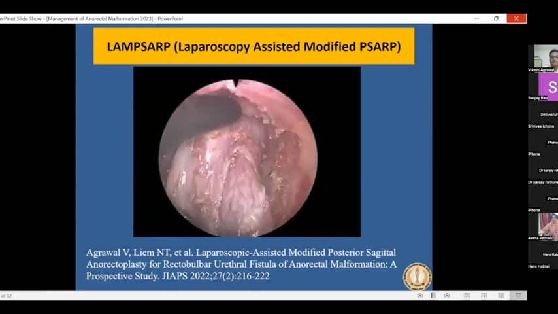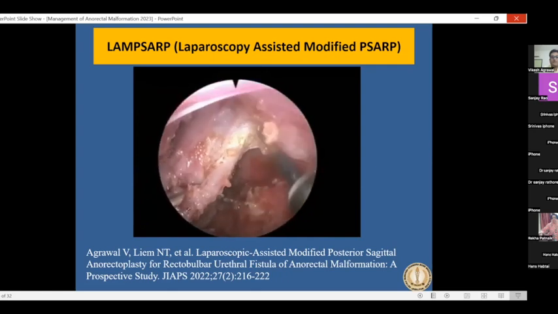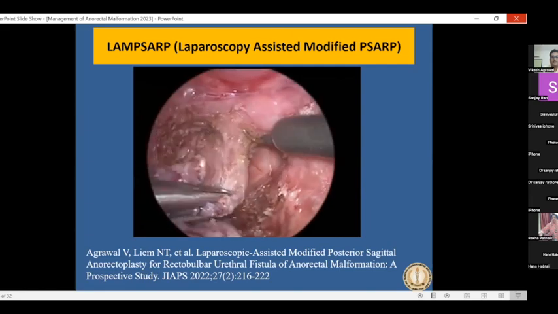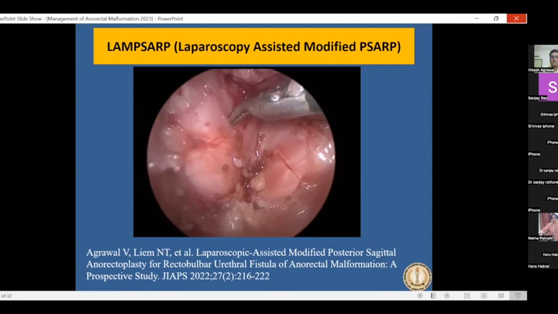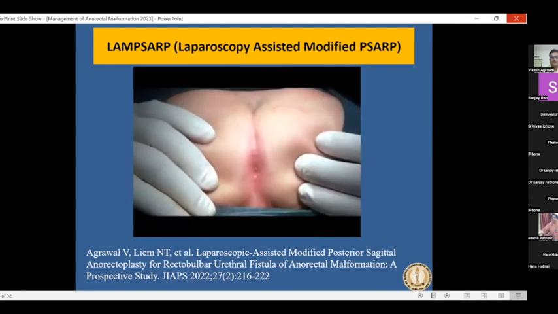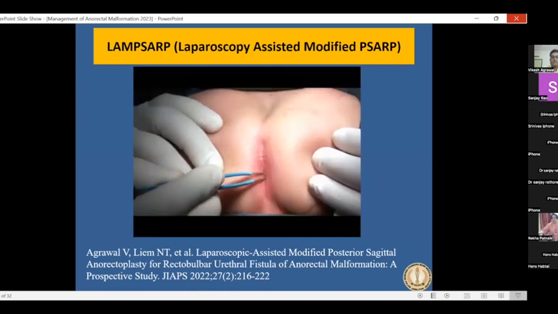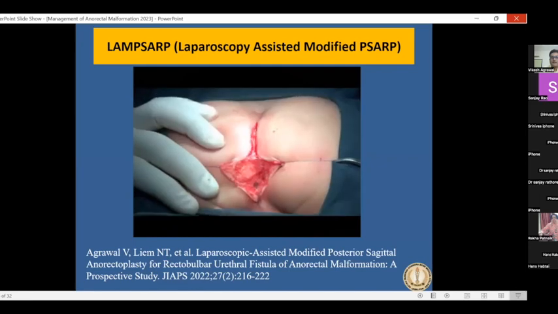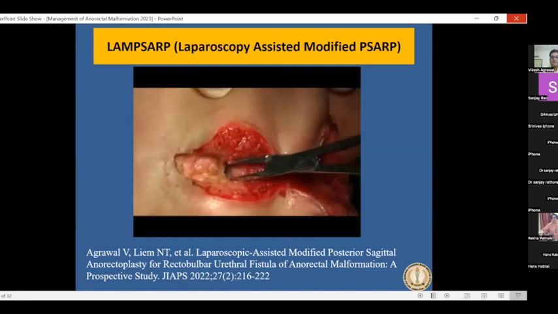You can see the rectum is mobilized just up to the level of the seminal vesicles, and the whole pelvic portion of the rectum is mobilized. This is the identification of the levator. Now we switch over, change the position of the patient and keep them in the prone position like the PSARP position. And this is the incision which is involved.